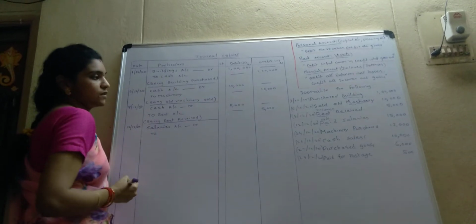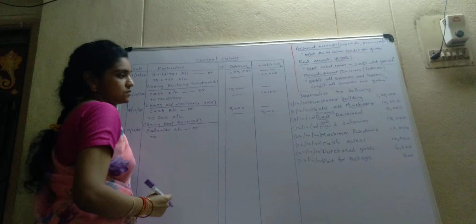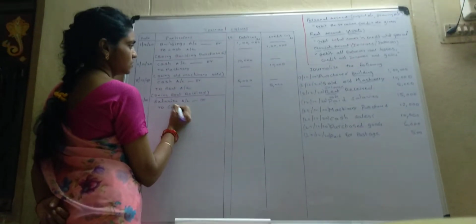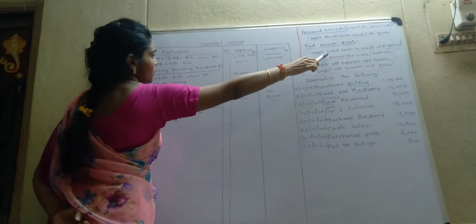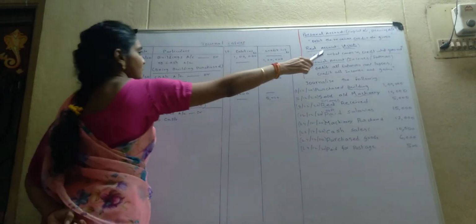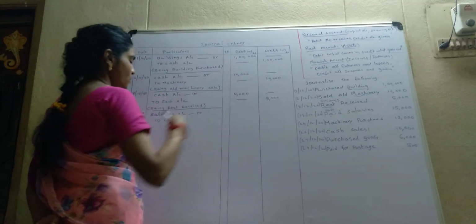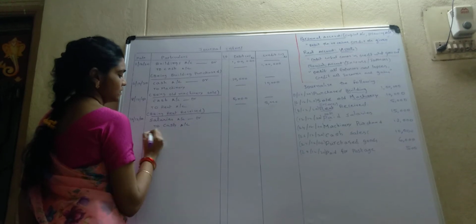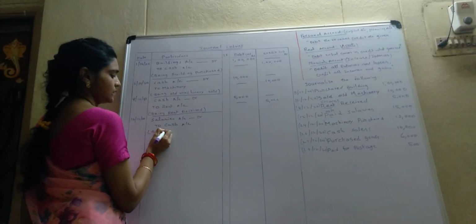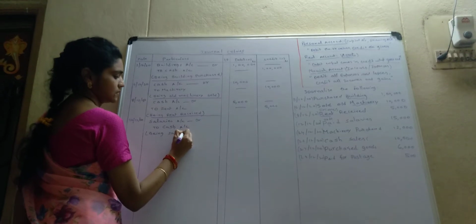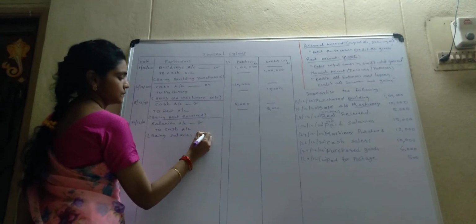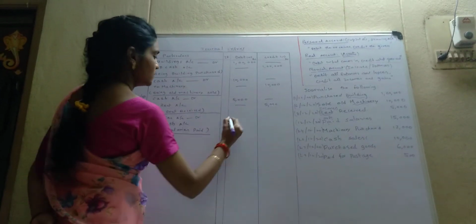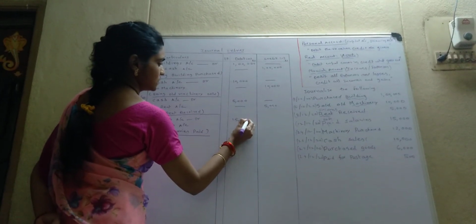Another account affected, which account? We have to pay salaries in the form of cash. Cash belongs to real account. What is the rule for real account? Debit what comes in, credit what goes out. Here cash goes out, so we credit it. Cash account. Being salaries paid. What is the amount? 15,000.